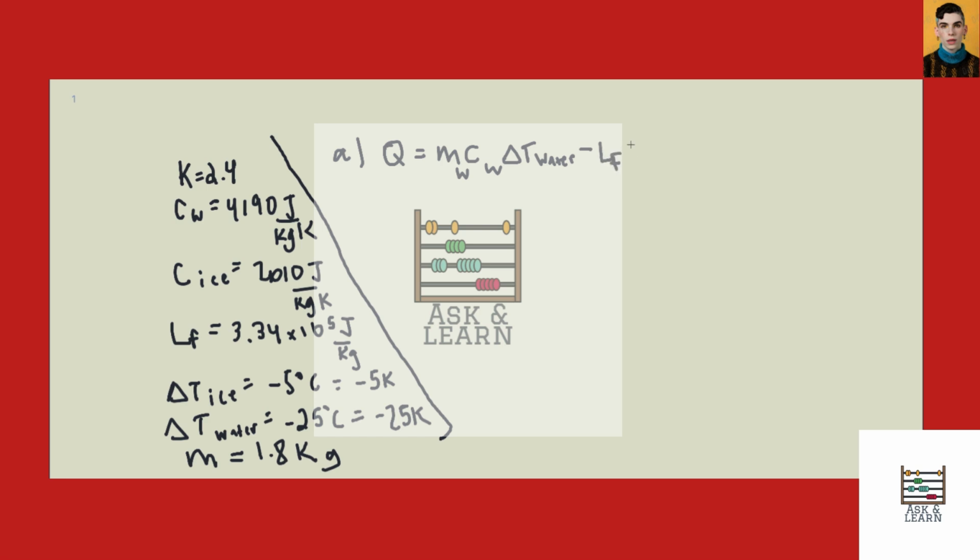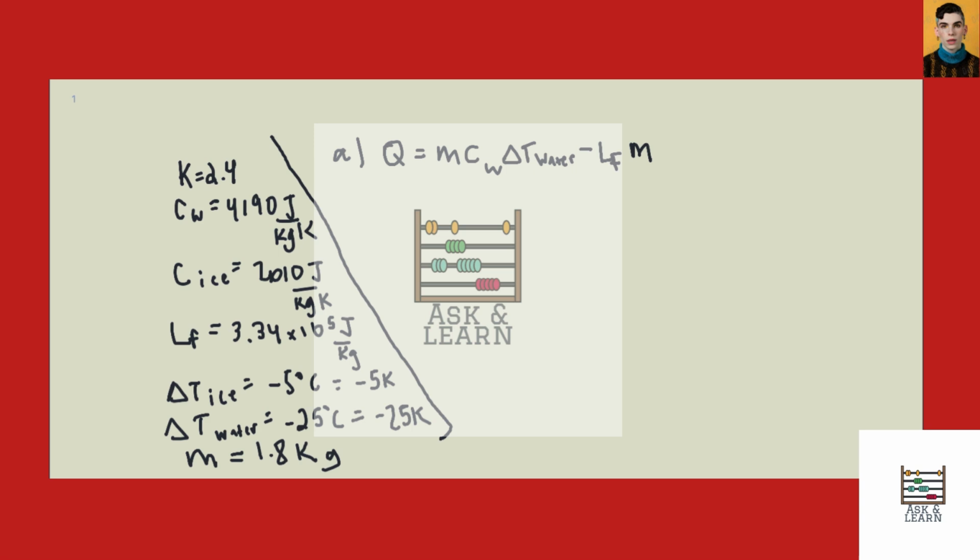So that's just minus L_F times M. They're all the same mass, so I don't really need to put a subscript on the mass, so I'll just go ahead and erase this W here.